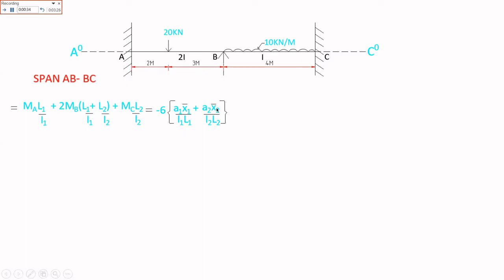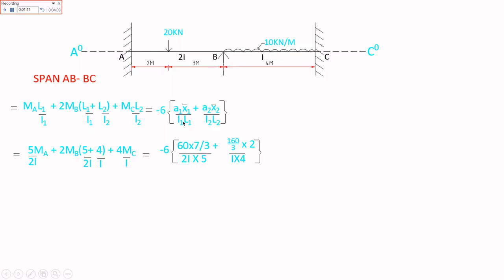This time we are going to use x bar left. If you punch in the values, our L1 is 5, so it's 5MA divided by 2I plus 2MB into bracket 5 divided by 2I plus 4 over I, our I2 is I, plus 4MC over I equals negative 6.